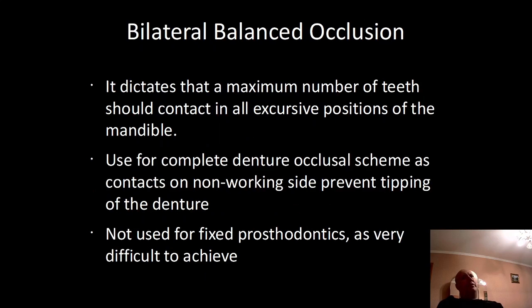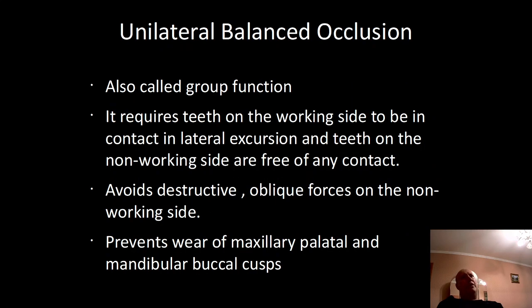Bilateral balanced occlusion dictates that a maximum number of teeth should contact in all excursive positions of the mandible. Used for complete denture occlusal schemes, as the contacts on the non-working side prevent tipping of the dentures. Not used for fixed prosthodontics, as it is very difficult to achieve.